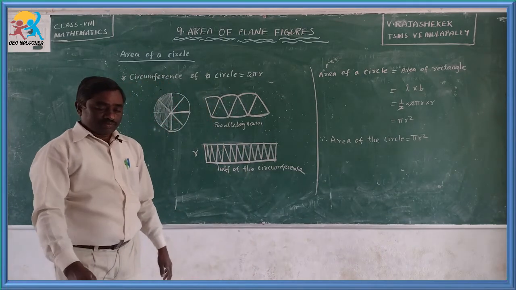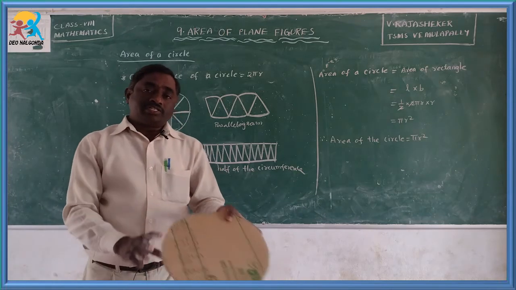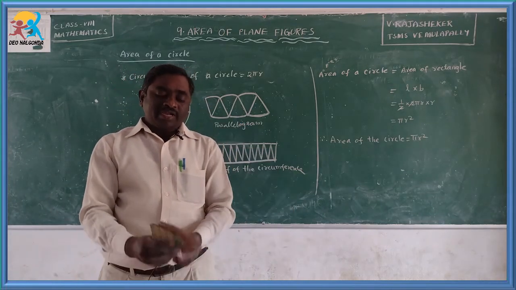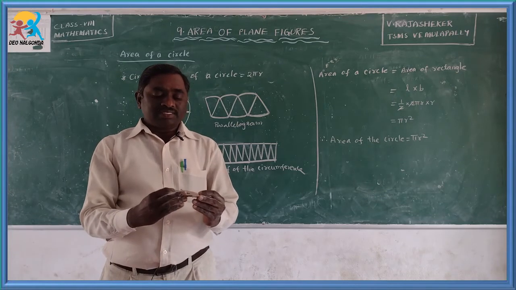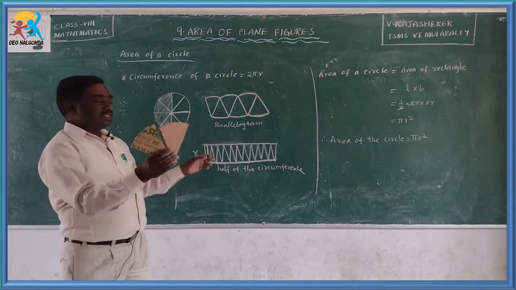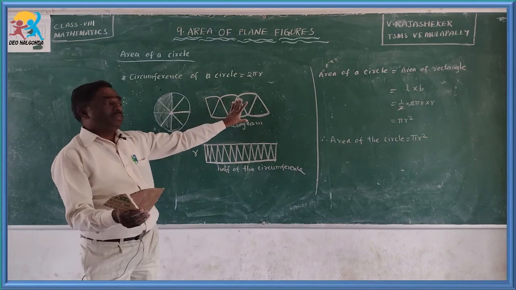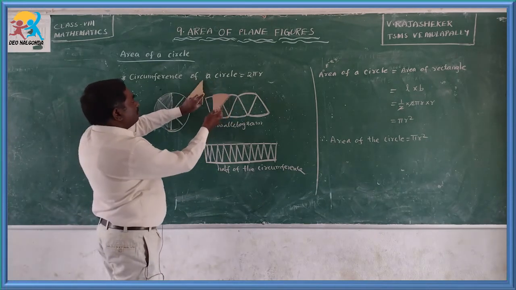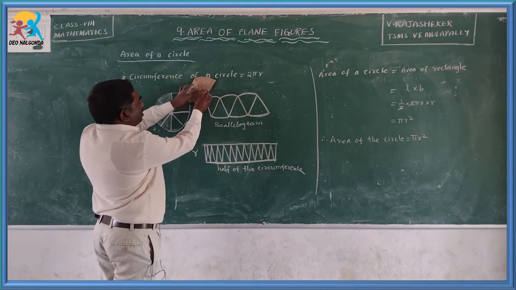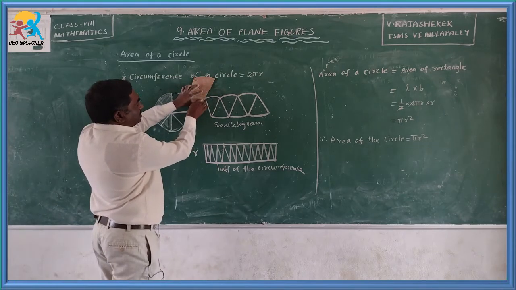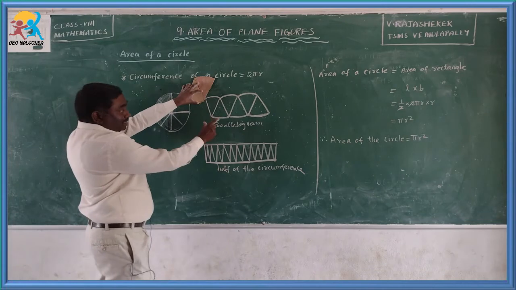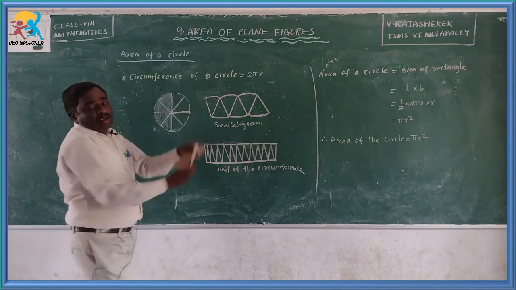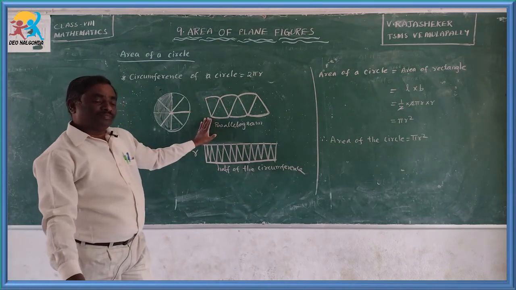Once again children, take a circular sheet and make it into pieces like this and arrange them in a manner. To be very understandable, we just have to arrange the parts like this. Then after arranging all these parts, it looks like a parallelogram.